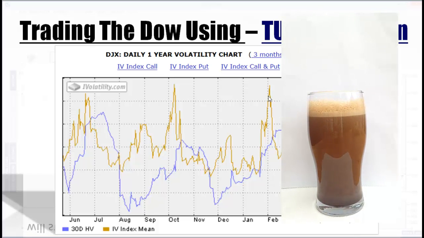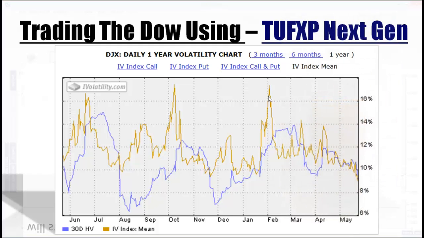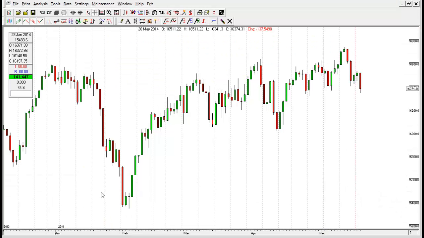There is no intrinsic value whatsoever contained within those options. And of course what happens is the market then finds support, which we'll go to the chart now and look. So we see the market finding support, it reverses and then starts to come back up, and those very expensive options that the amateur has paid for become worthless, and they lose the whole amount of money that they've paid for them, unless they get out of the position, of course.